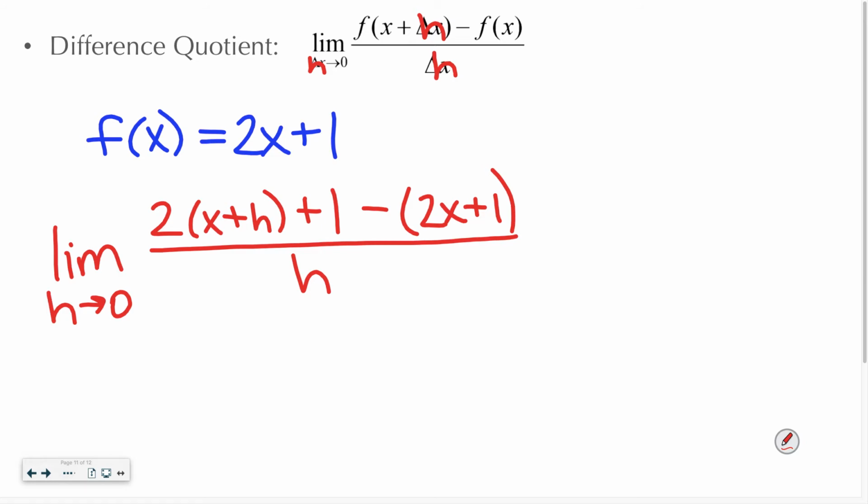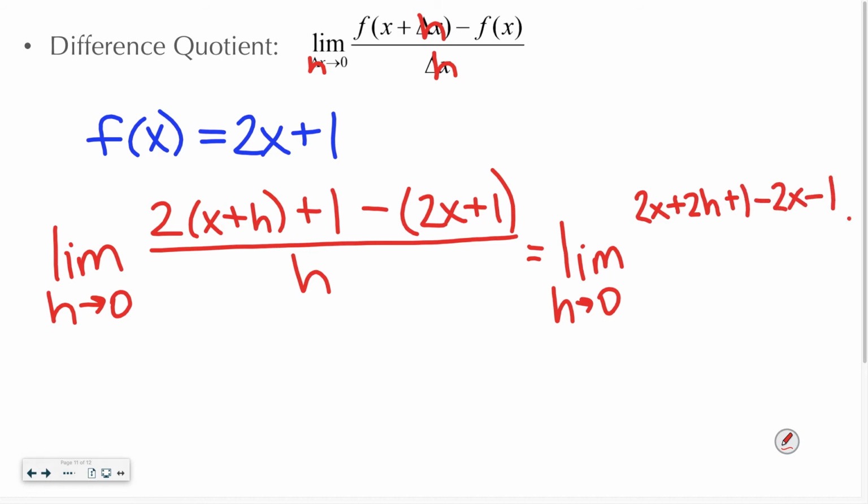The subtraction was a big issue on our quiz. So what we have is the limit as h approaches 0. Yes, you have to keep on writing it until we evaluate the limit of 2x plus 2h plus 1 minus 2x minus 1 all over h.